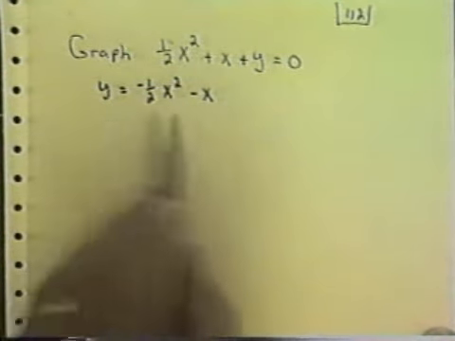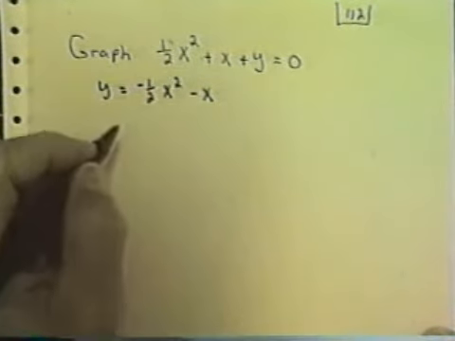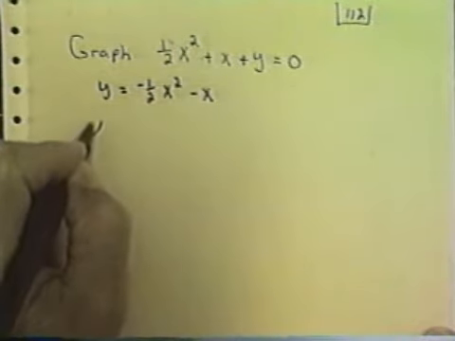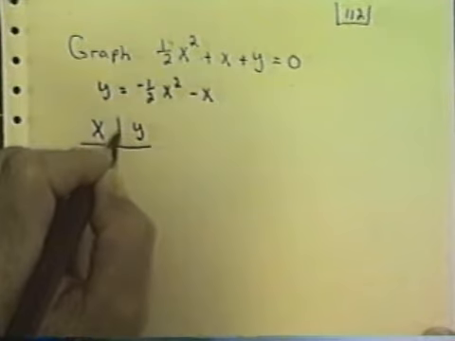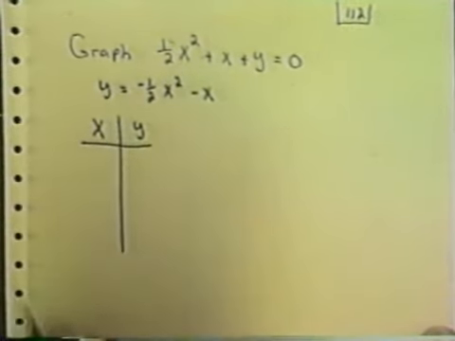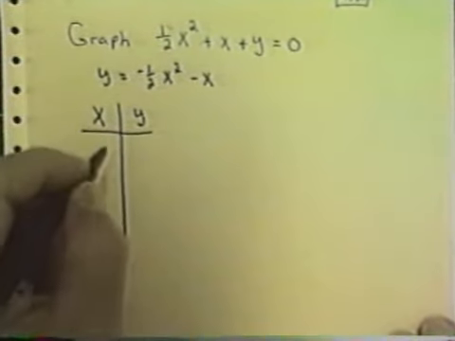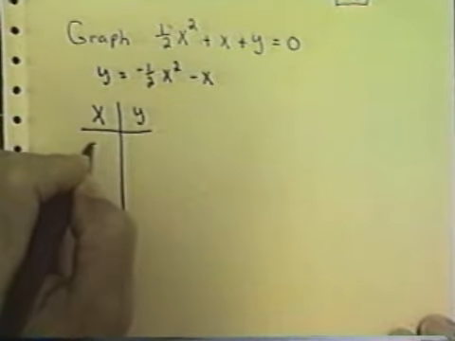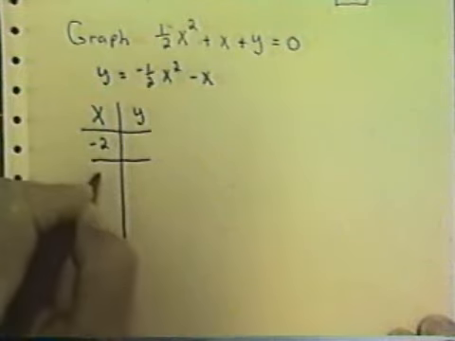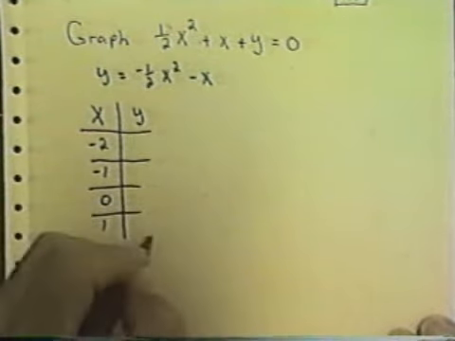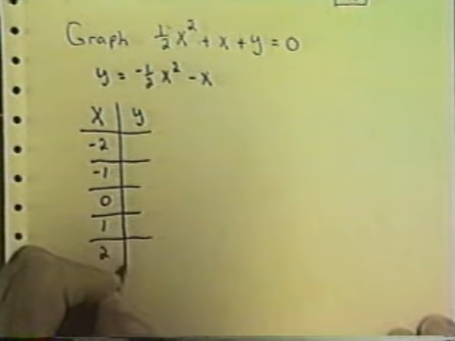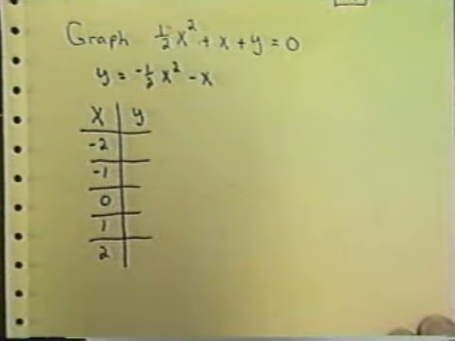Now once I solve for y, I'm going to make a table of values, x and y. Just routinely, I normally choose as my values negative 2, negative 1, 0, 1, and 2. That's kind of a routine with me, just automatically choose those.